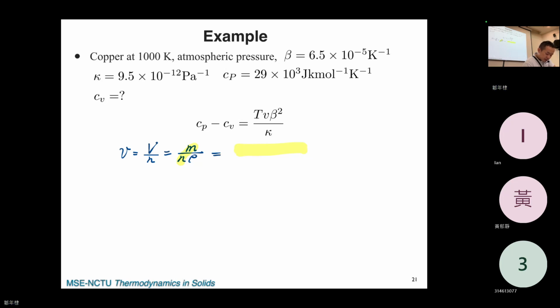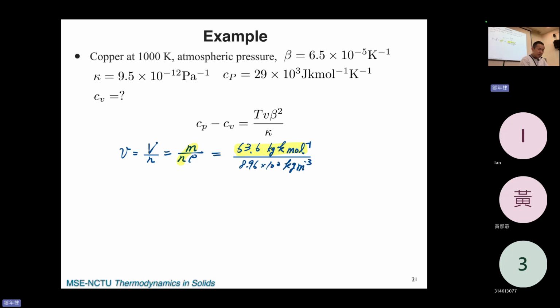It is 63.6 kg kmol^-1 divided by 8.96 times 10^3 kg m^-3.